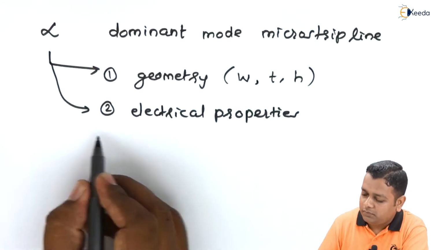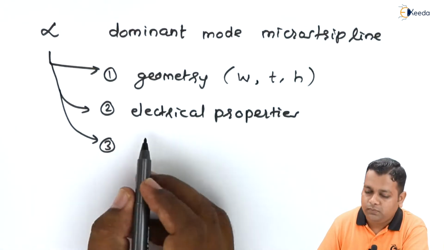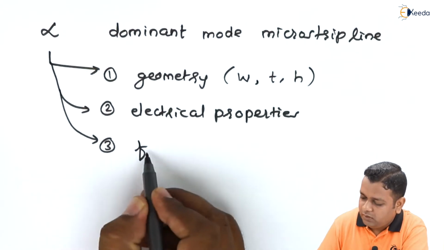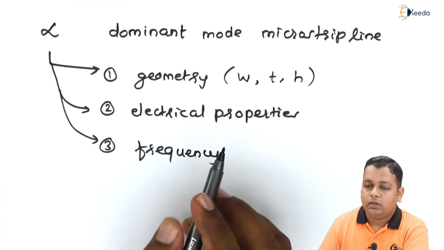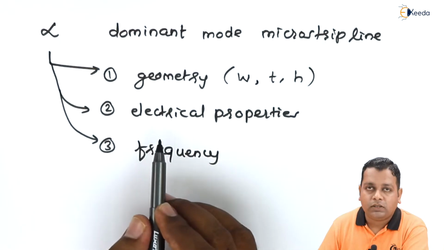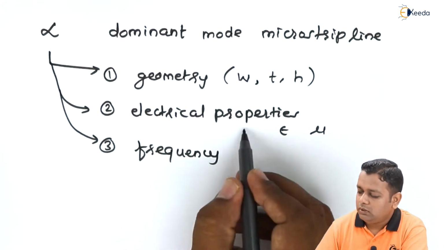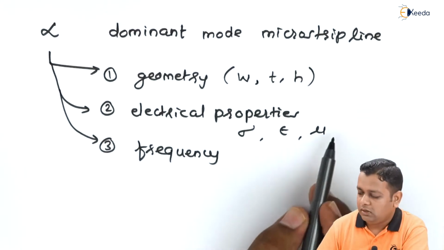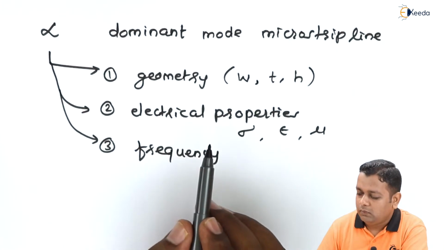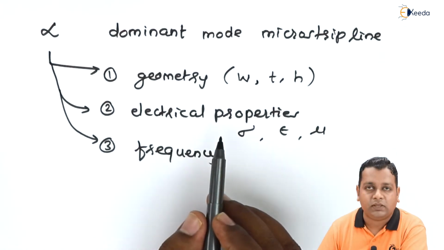And in the third place we have the frequency as a parameter. For the electrical properties, the epsilon, the mu, and the conductivity sigma are the three parameters that describe how the particular material behaves with respect to the passage of electricity.